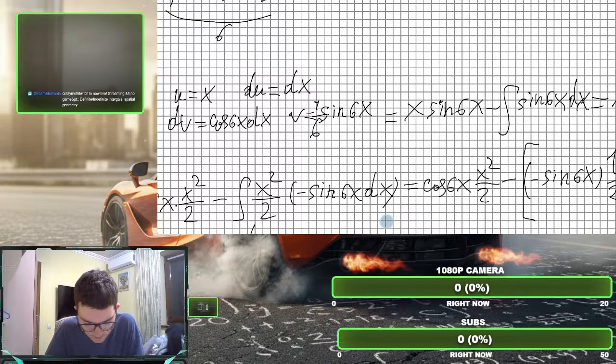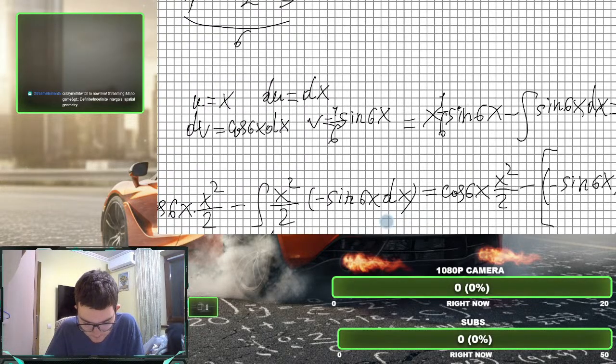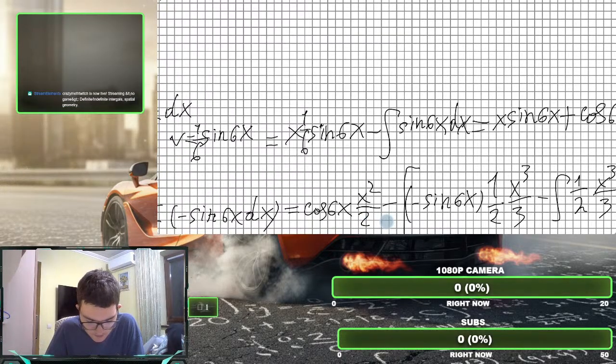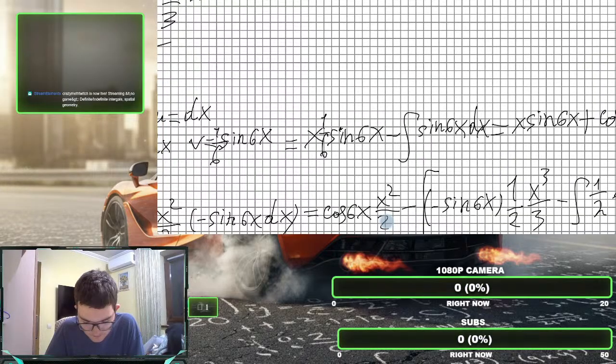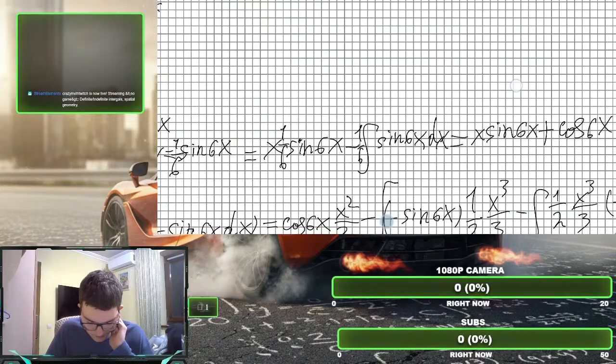Now if I do the formula again, x times v, so the v will be this. Now minus the integral of v, so firstly I can put this 1 divided by 6 up front, and I got that, and just du, so we got that, and it stays like this.